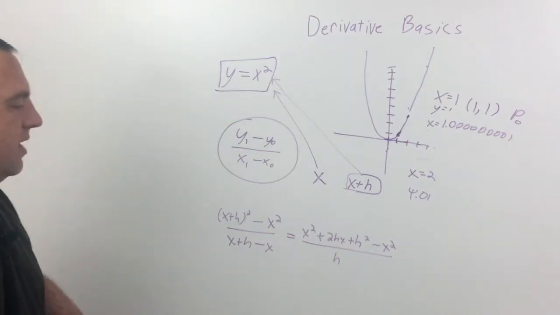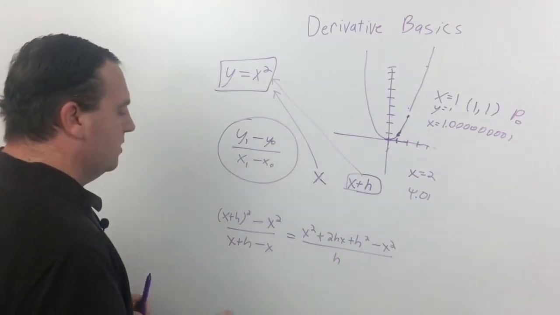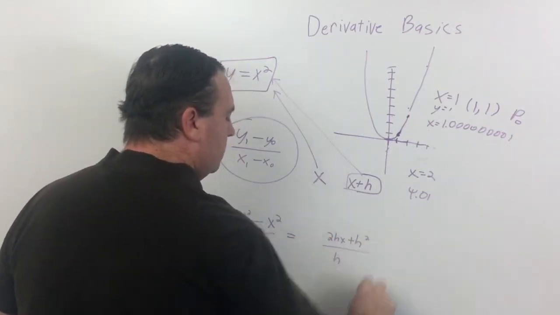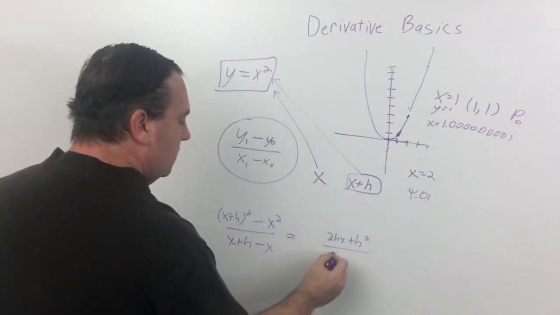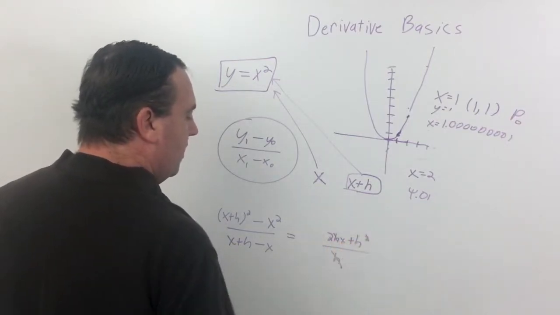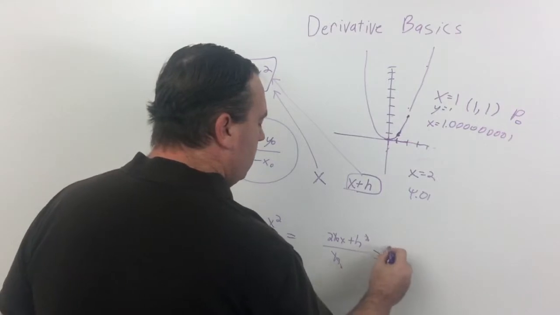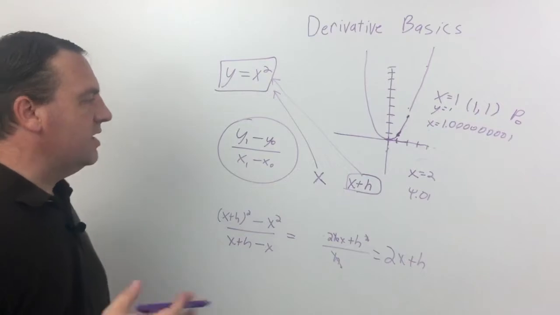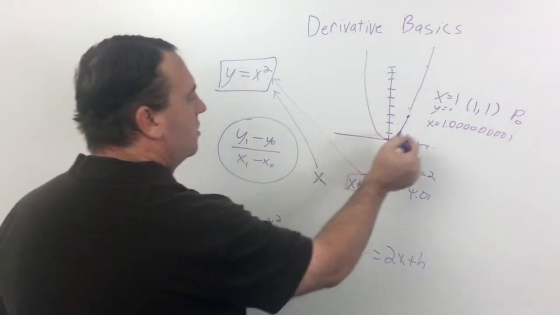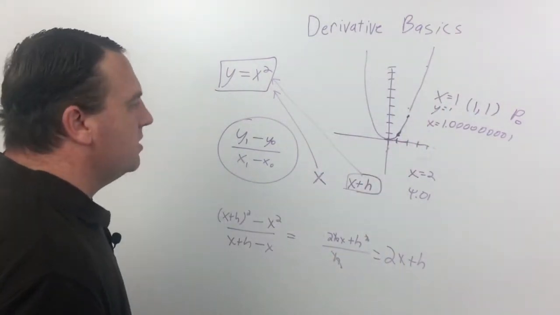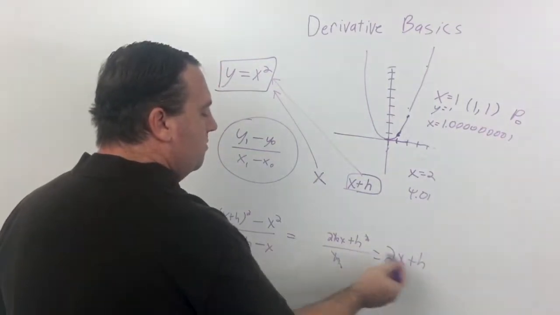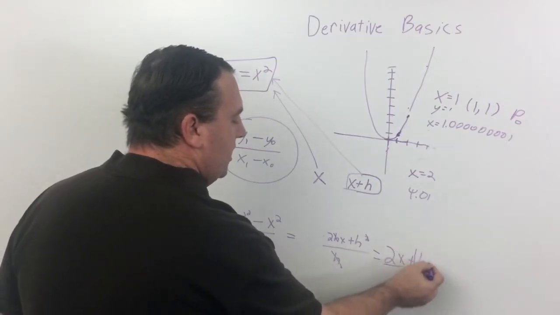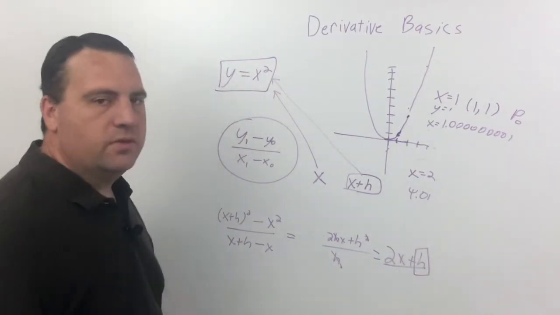Okay? So now we can simplify this formula. These x squareds will cancel each other out. And then the h we can divide out, and that'll give us 2x plus h. So for any point on this curve, the slope can be given by this formula, where h is however far apart we want those 2 points to be.